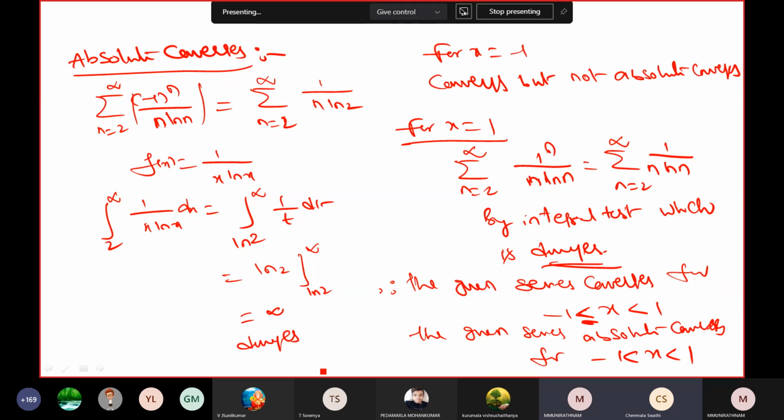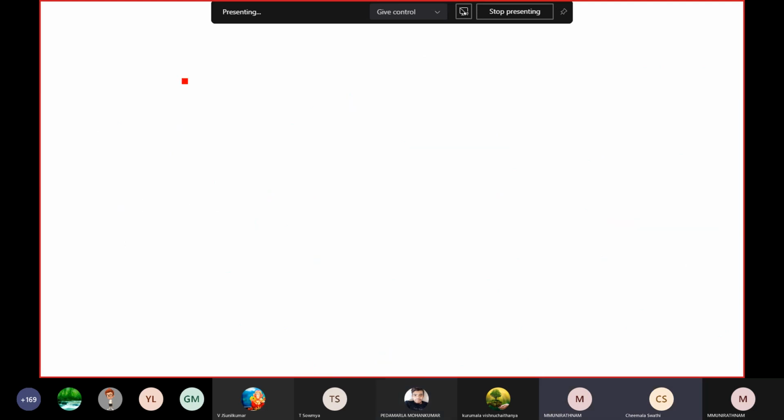There is no point conditionally convergent. Sir, at x equals -1, it is conditional convergence. Sorry, conditionally converges for x equal to -1.